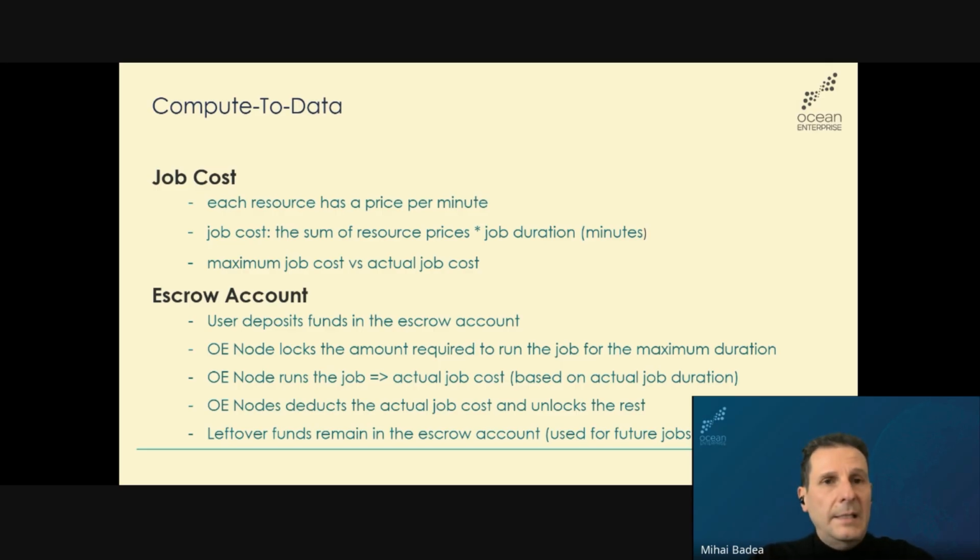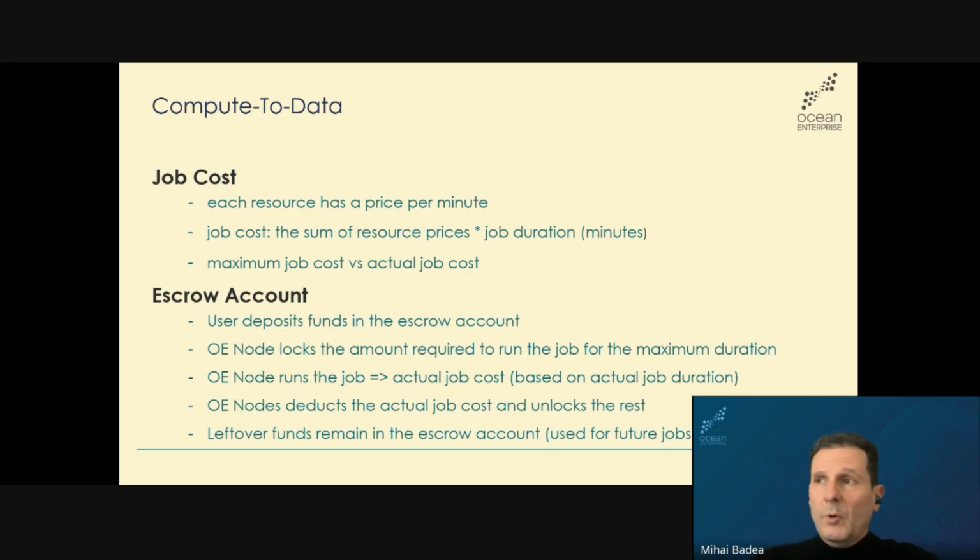The environment is stopped, is destroyed, and the results that were created until that moment will be returned to the consumer. That's why the consumer needs to be very careful when choosing the maximum job duration, to allow enough time for the job to be executed.